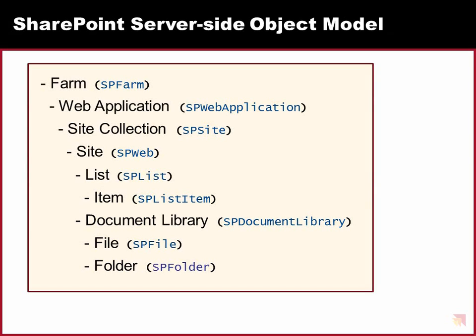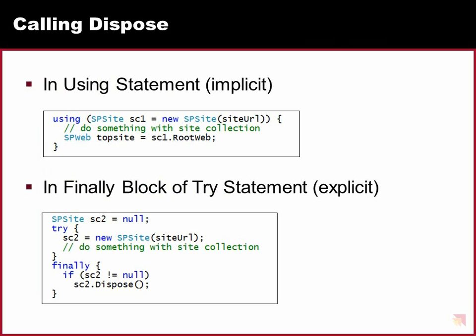If we start with a quick refresher of the server-side object model, there are objects that are created from classes such as SPFarm, SPWebApplication, SPSite, SPWeb. The SPSite and SPWeb are particularly important. There's this age-old problem in SharePoint when a developer calls new on an SPSite object to create an object that wraps a site collection.